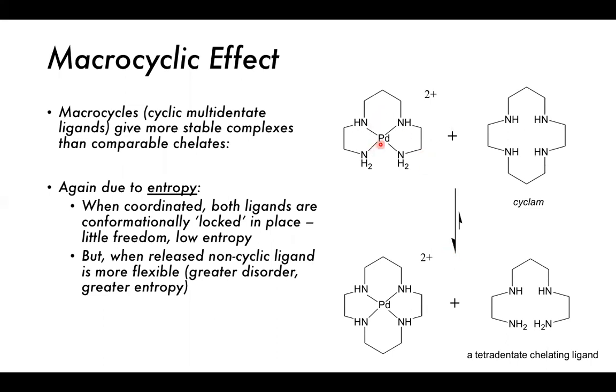For example, in this reaction I have a palladium complex coordinated by 4 different nitrogens. This ligand here is a long chain ligand, whereas the cyclam is a macrocycle. The cyclam is also capable of binding the palladium metal. The nitrogens are arrayed in a manner similar to what we see with the long chain ligand.